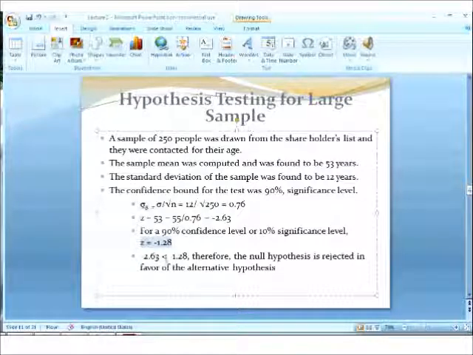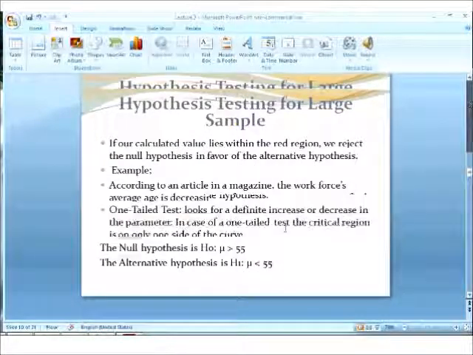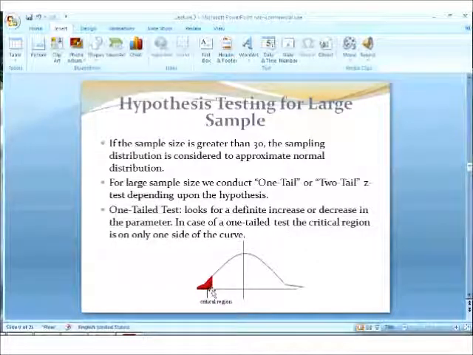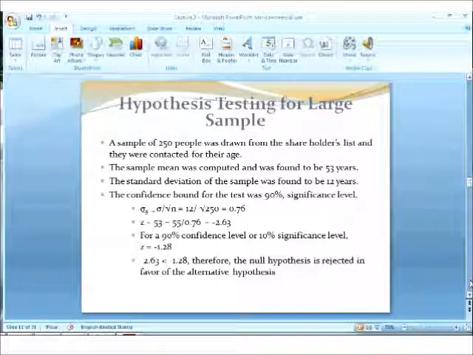Now minus 2.63 that we computed is less than minus 1.28, which means this is our critical region. Here is minus 1.28, and the one that we computed is minus 2.63, which means it falls in this negative critical region. So we reject our null hypothesis in favor of the alternative hypothesis.